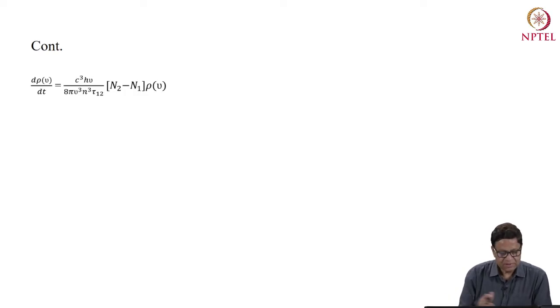So this becomes the rate of flux density, that is d rho nu, because Np into h nu is the flux density rho nu. D rho nu divided by dt is equal to this. Since the photon generated inside a material moves in all directions, this can be written in the form of dx, where x, the distance traveled, is c by n, n being the refractive index, into time.